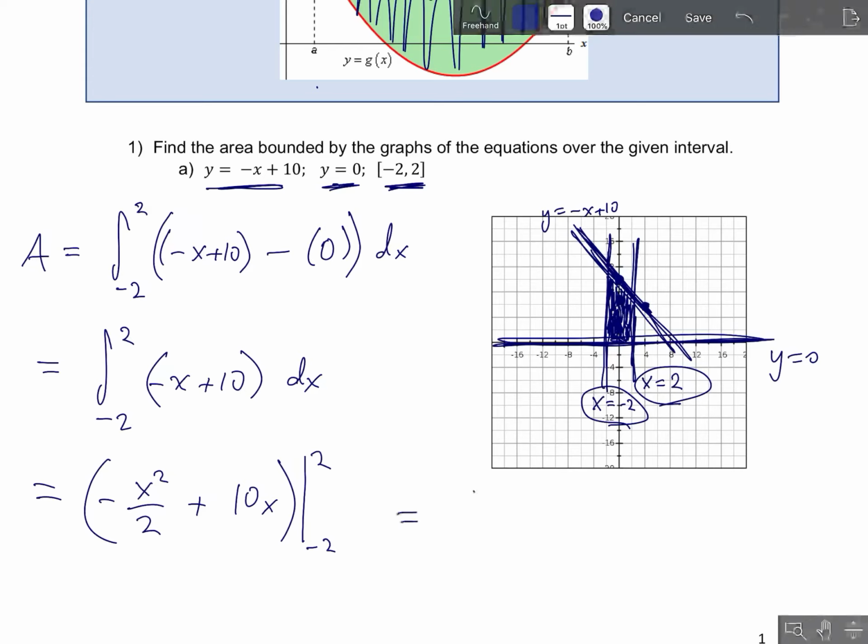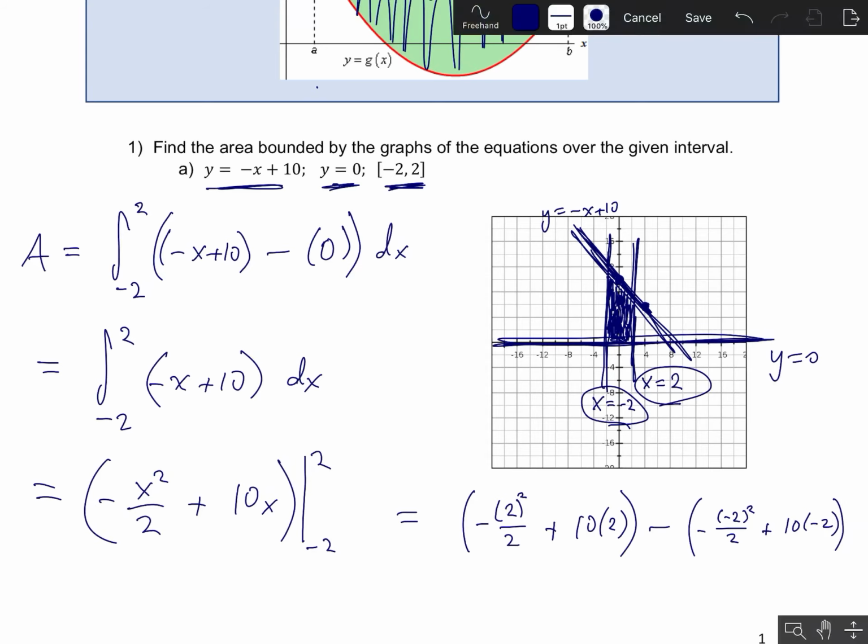So this will be negative 2 squared over 2 plus 10 times 2. That's the evaluation of the antiderivative at positive 2. And then we need to subtract the evaluation at negative 2, so that would be minus negative 2 squared over 2 plus 10 times negative 2, because we're plugging in negative 2 into our antiderivative for the second part.